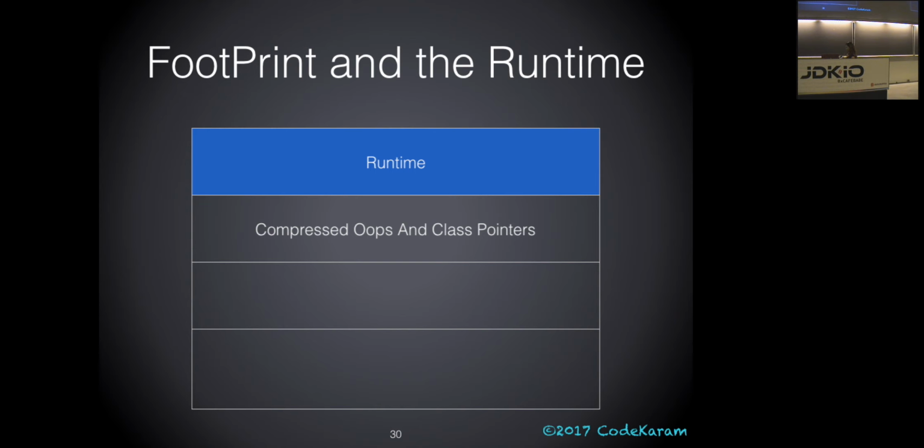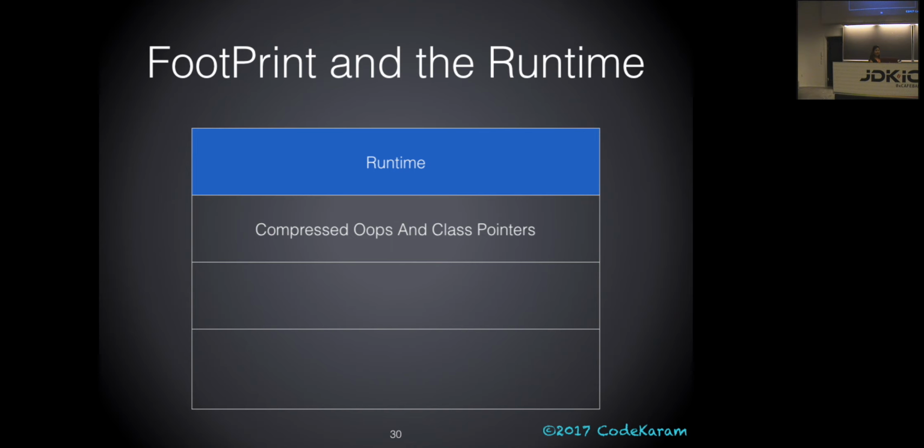So you can compress these ordinary object pointers. That's what OOPs stands for. And you can now use only 35 bits to address up to 32 gigs of space. In theory, 32 gigs. In reality, it's about 28 gigs. And we'll see an example of that.